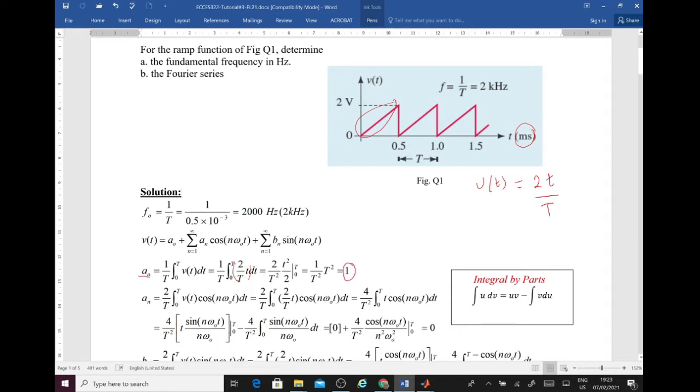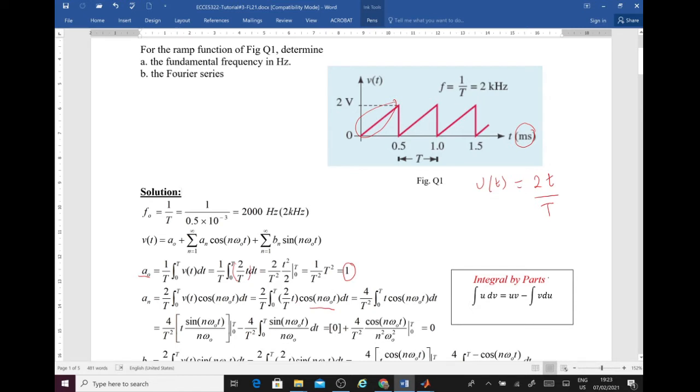Now let us look at the A_n component. So for the A_n component, we have to take the function, multiply it by cosine, divide by T, multiply by 2. Now we have 2 variables. We have the t variable and the cosine n omega t variable.